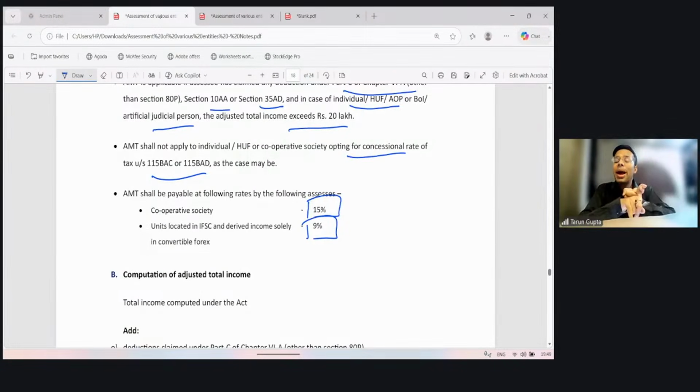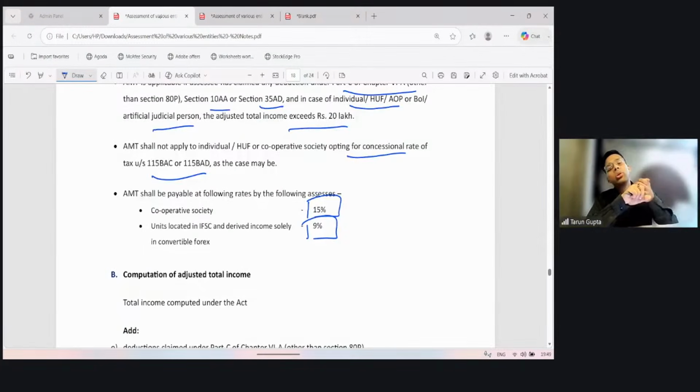They must claim any one of these three deductions: section 10AA or 35AD or Part C of Chapter 6A. They must not opt for the new regime. And lastly, their adjusted total income must exceed 20 lakh. But if the assessee is a cooperative society, then the condition of 20 lakh is not applicable. And if the assessee is any other person, then even the old regime condition is not applicable because there is no such old or new regime for a partnership firm.